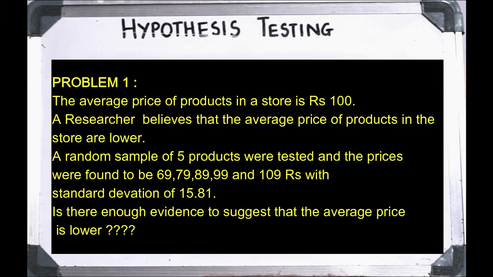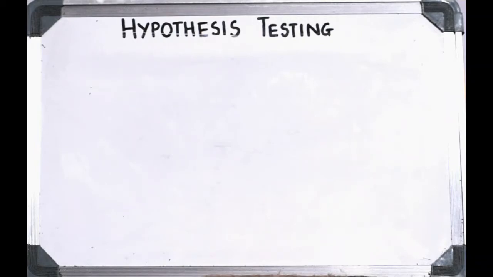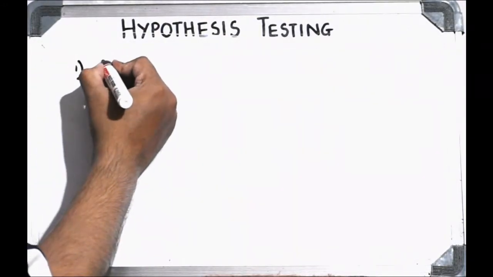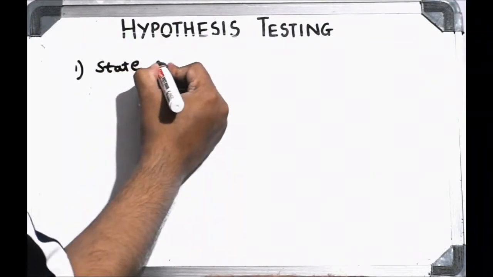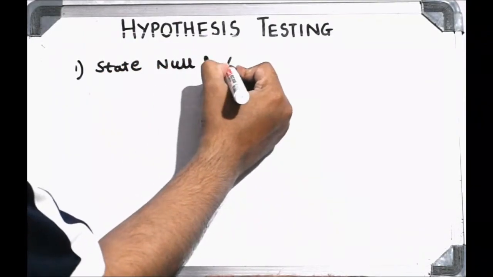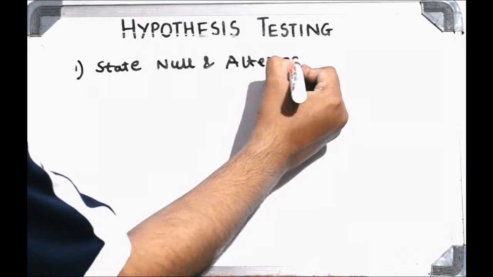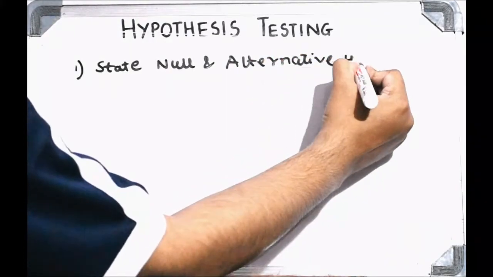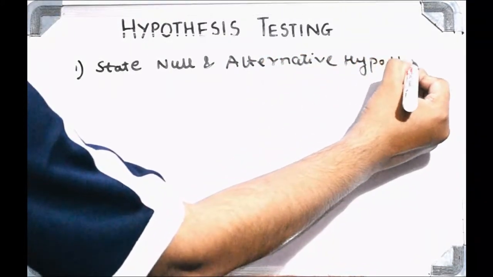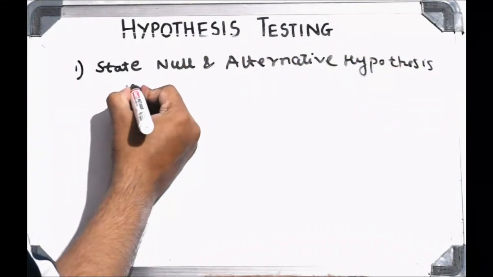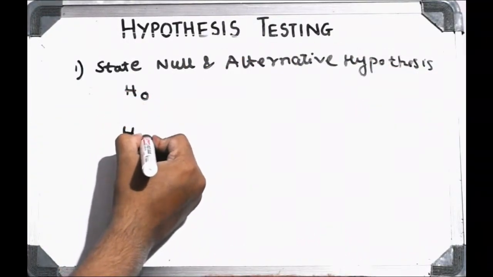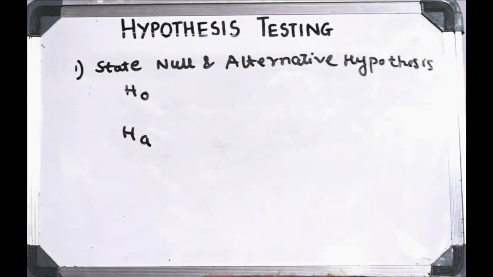Let us first begin. Our first step, as we had discussed, was to state the null and alternative hypothesis. So basically we will have to state H0 and HA.